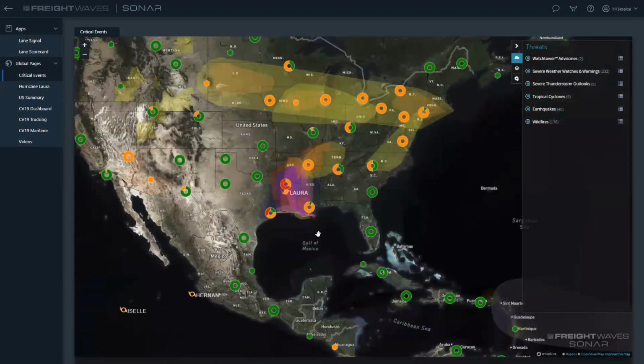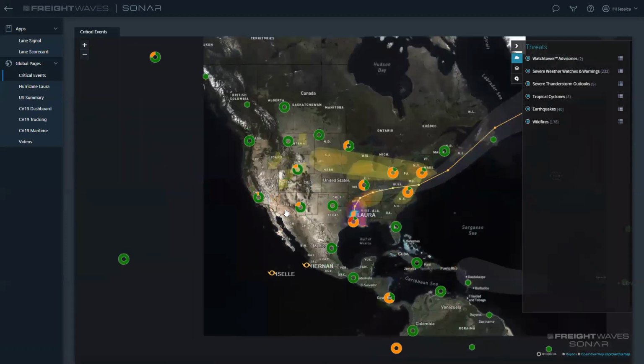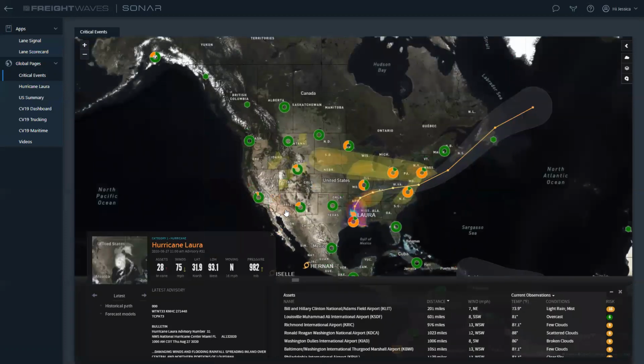When you zoom in, you can see all of the different highlights on the weather outlooks. We have flooding, tornado, tropical storm, and hurricane. You can click on anything and it will show you, for example, Hurricane Laura, we have a hurricane path, when it's going to hit certain areas, and gives you all of the different information on that.